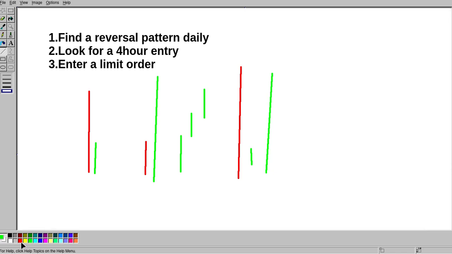Or I'm going to look for something like this.